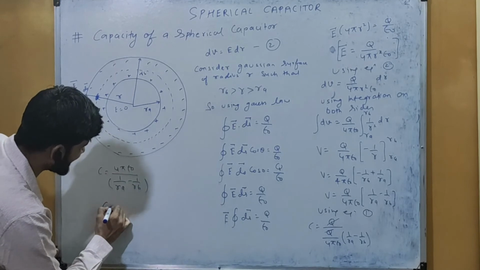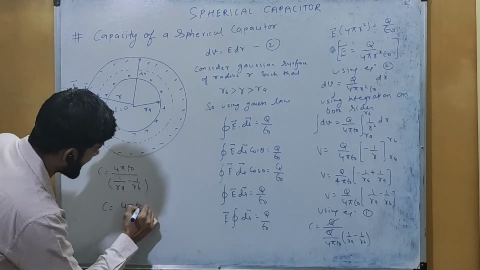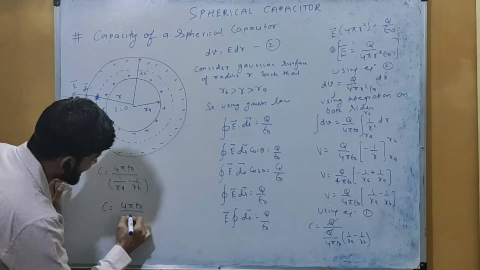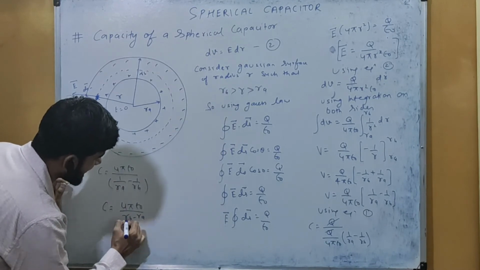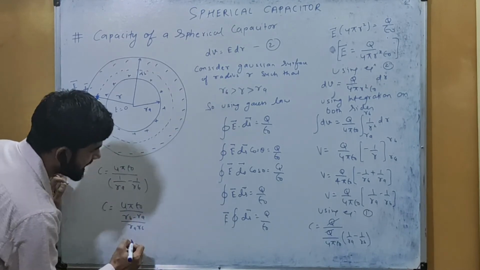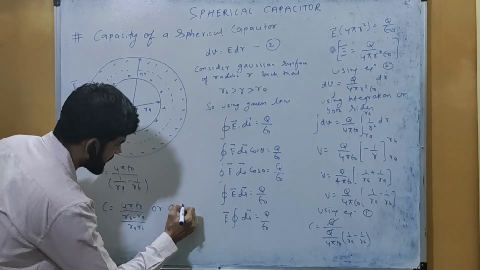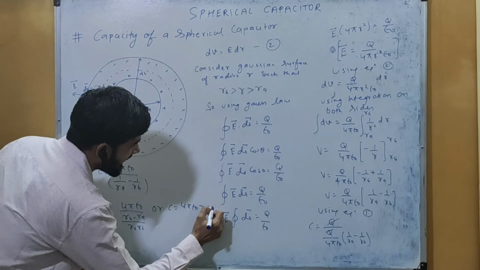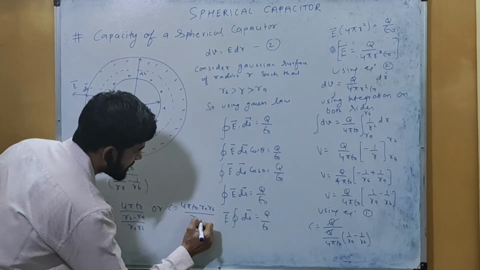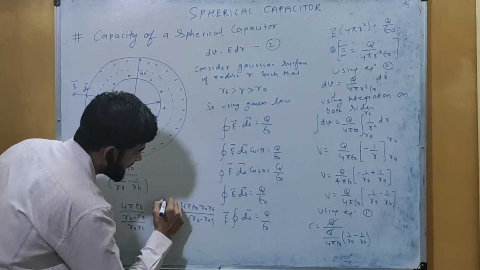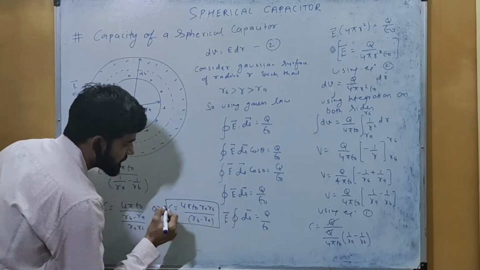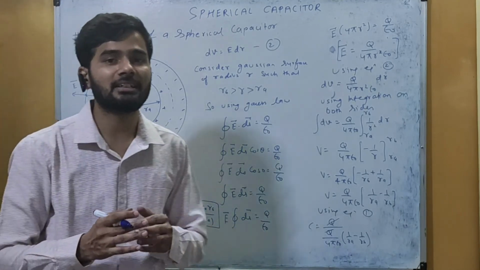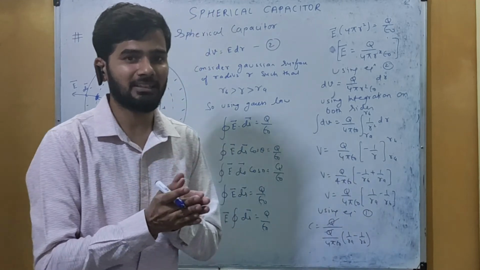Or I can write C is equal to 4 pi epsilon naught, and I will take the LCM here. So I can write RB minus RA by RA RB, or I can write C is equal to 4 pi epsilon naught RA RB divided by RB minus RA. This is the expression for the capacitance of a spherical capacitor.